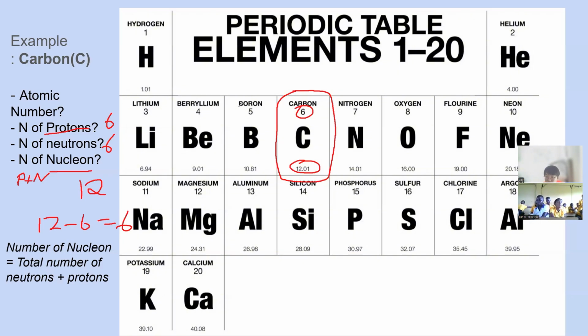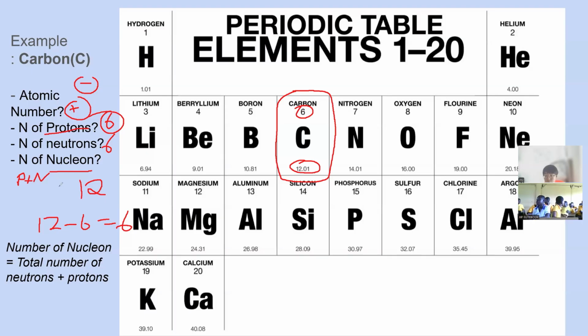And you might be wondering, what is the number of electrons then? Well, always remember that the number of electrons equals the number of protons, unless they are ions. Protons have positive charge and electrons have negative charge, so with positive charge and negative charge, it remains neutral.